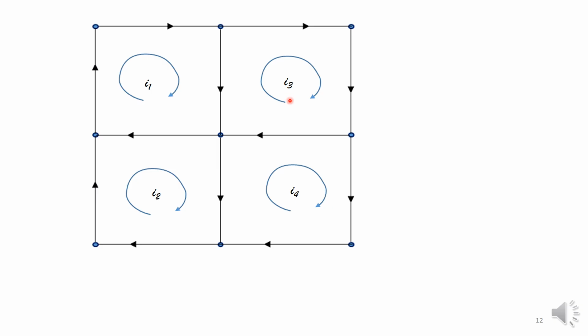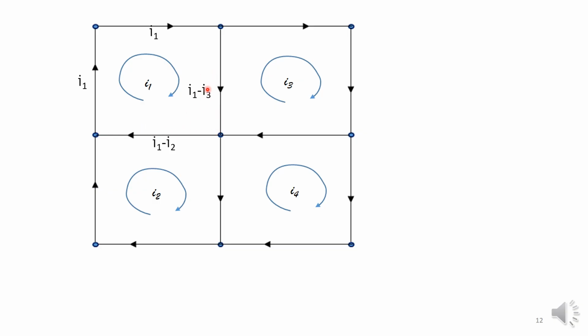This is what we mean by an orientation of the edges. And we start off with I1. This loop current I1 will contribute a value of I1 to this branch, I1 to this branch. It will contribute I1 to this branch, and similarly I1 to this branch.